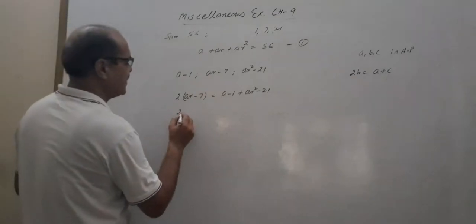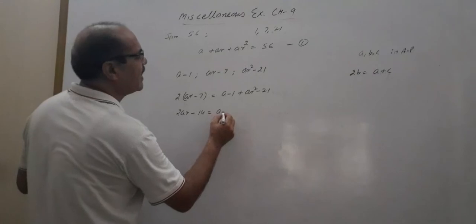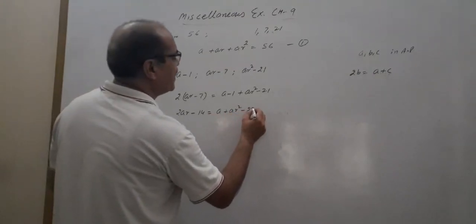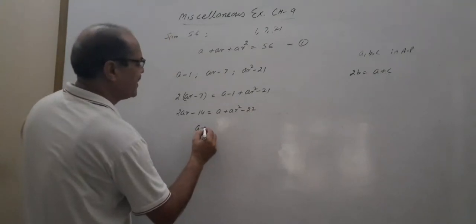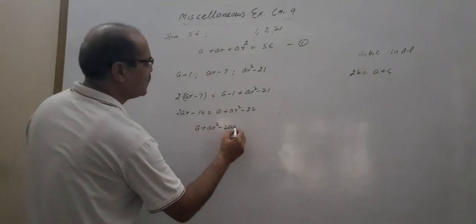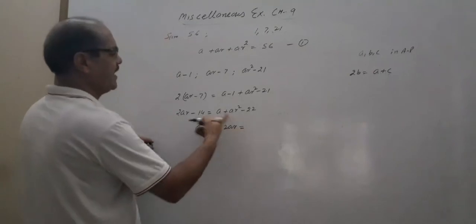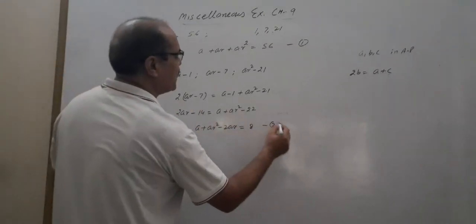Now solving this, we get 2AR minus 14 is equal to A plus AR square minus 22. By rearranging the terms, this can be written as AR square minus 2AR plus A is equal to 8, and give it number 2.